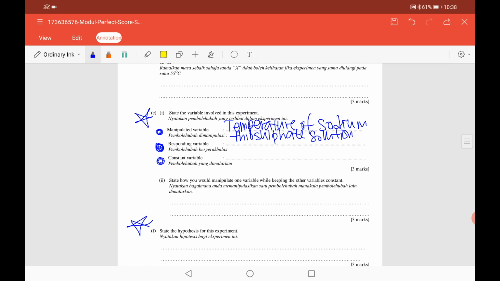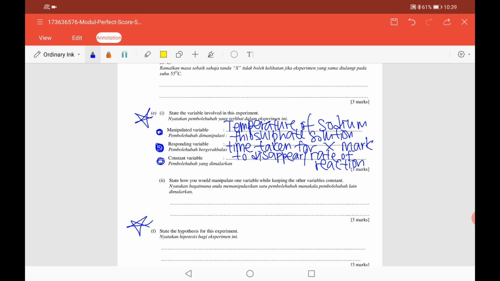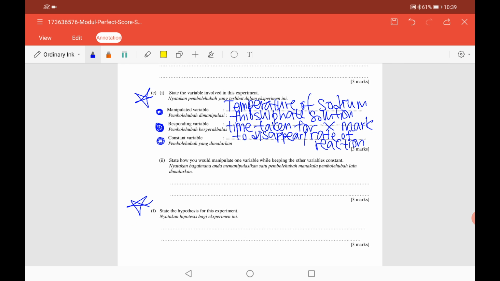So for your responding variable, you can write time taken for the cross mark to disappear. If you don't want to write that, you also can write rate of reaction, because our main objective of this experiment is to study the rate of reaction, by changing different temperature, how the rate of reaction responded.